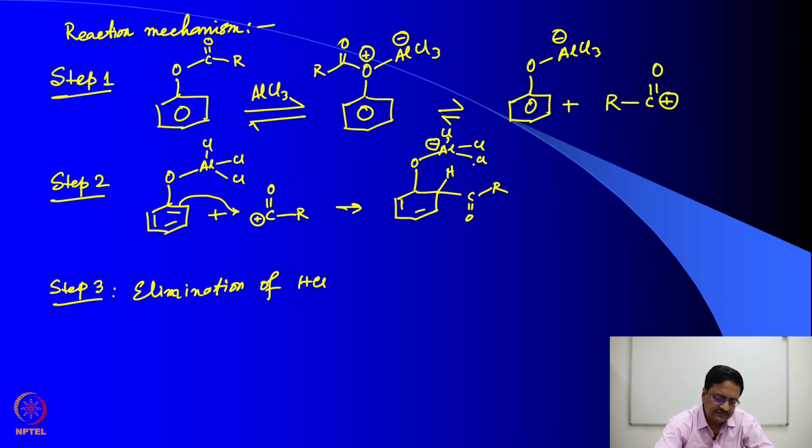What happens is one of the chlorides from aluminum chloride takes up the proton and it forms the double bond here. Of course, when this bond broke, we should have a plus sign there, and that plus gets further neutralized to form this product.